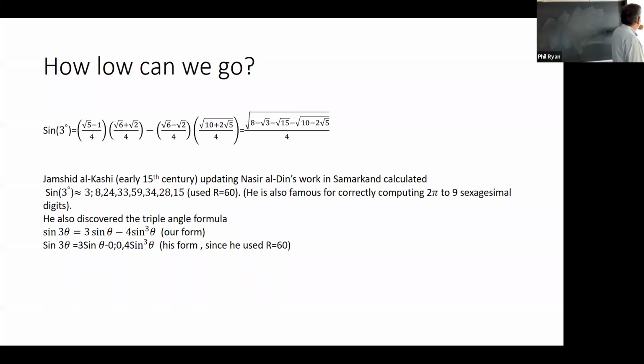So our last hero is Jamshid al-Kashi, early 15th century. He's kind of the last of the great Islamic mathematicians. He was working in Samarkand. By this time, the Mongols had come, and his patron was Tamerlane, who you might have heard of.